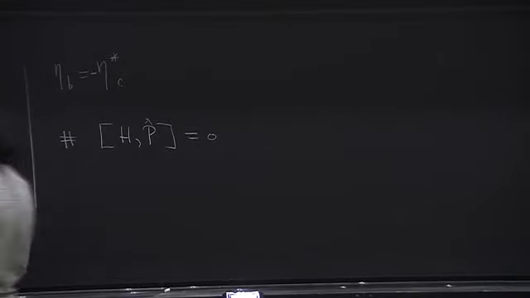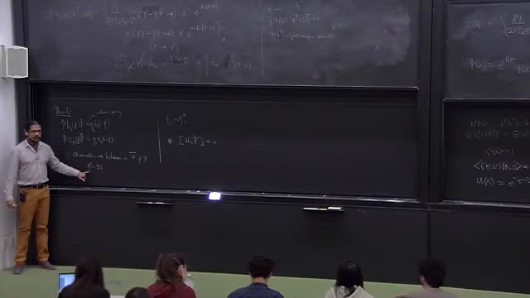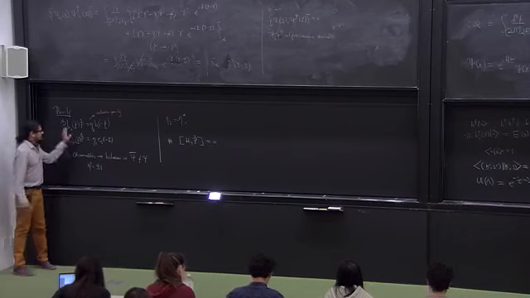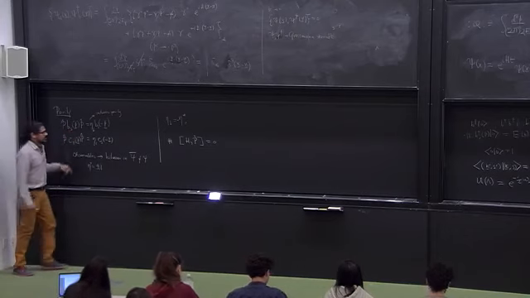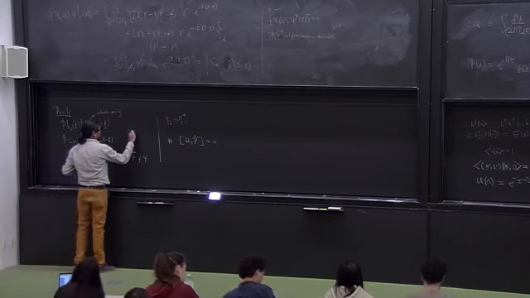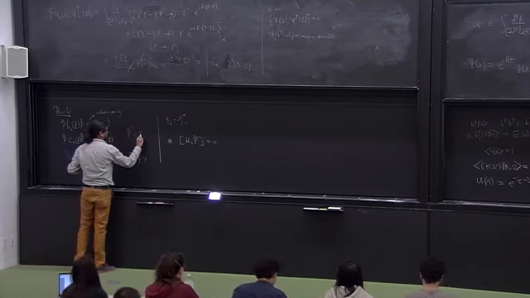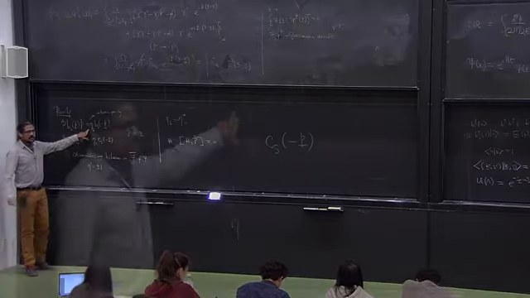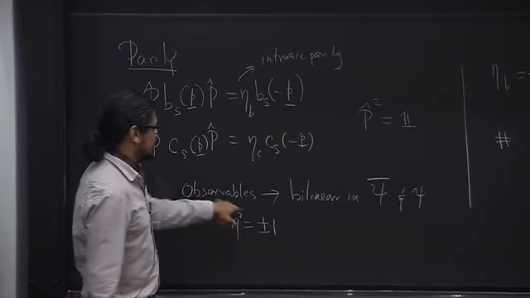Is it clear why this is the case? I stumbled a little bit on that argument. If you apply P twice, you should get 1, right? So you should get 2 factors of eta here. But eta doesn't have to be 1.